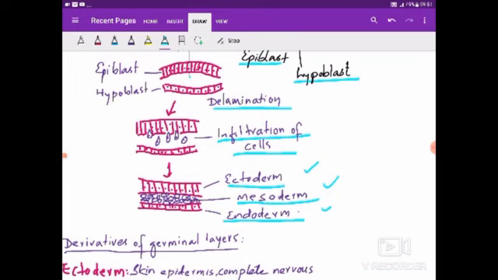Now let us see what the derivatives of the germinal layers are, because sometimes it has appeared in previous entrance examination papers as MCQs. This concept of derivatives of germinal layers has been taken up for framing questions. So let's go through it quickly.